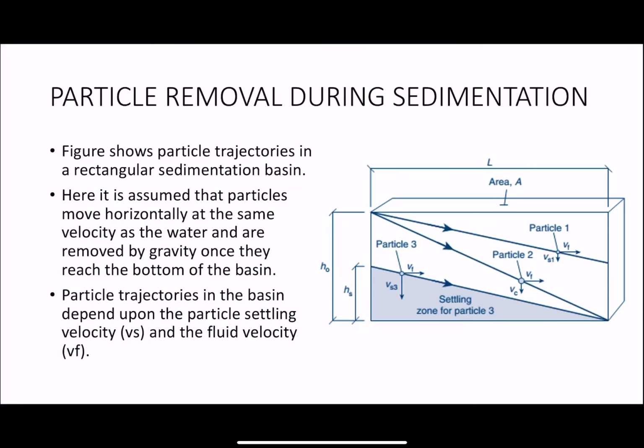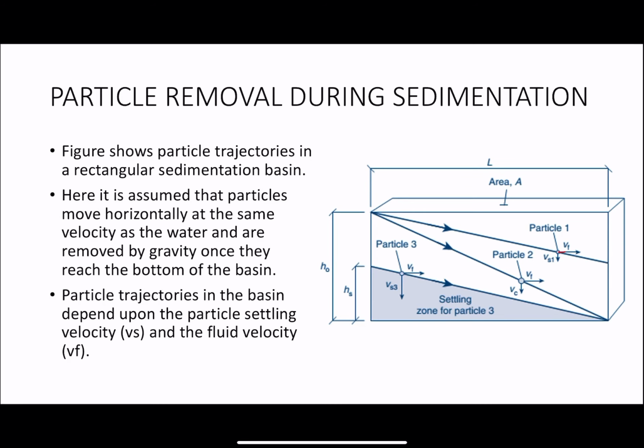During sedimentation, the particle settling follows some trajectories. Let's assume that this is the tank, a rectangular tank we have here, and the particles move horizontally at the same velocity as the water. You can see it.